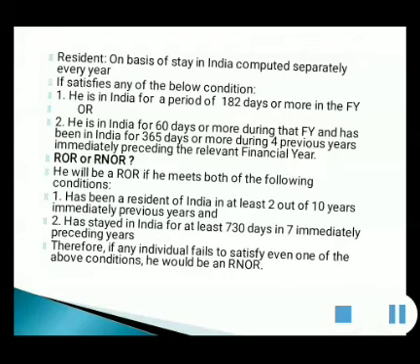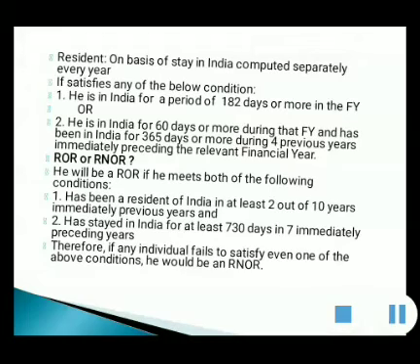If he meets both of the following conditions: he has been a resident of India in at least 2 out of the 10 immediately previous years, and the second condition, he has stayed in India for at least 730 days in the 7 immediately preceding years.